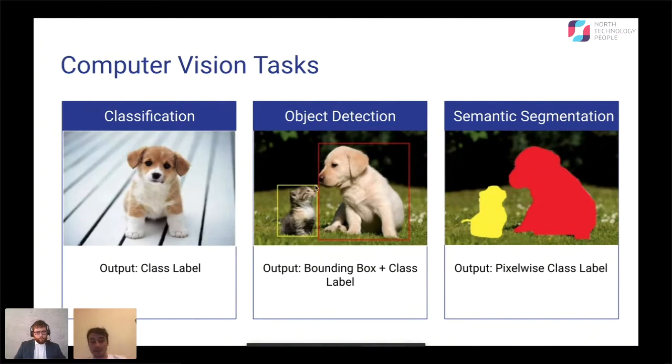And then object detection, which is the focus of this presentation, is basically for each object in an image, we're looking to output a bounding box, which gives us the size and the location, and also a class label. So in this instance, it would be cat, and this would be a dog. And then there's other tasks like semantic segmentation, where for each pixel in this image, we're looking to output a class label. So everything else would be background, but these pixels would be classified as cat and dog, respectively.